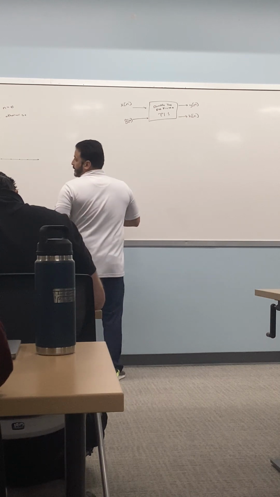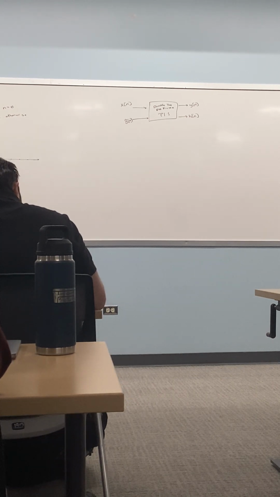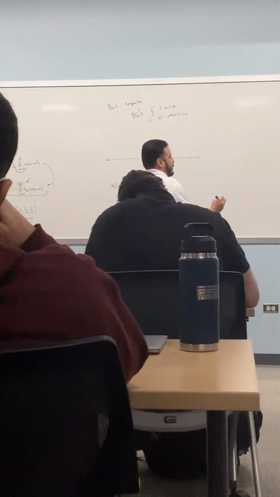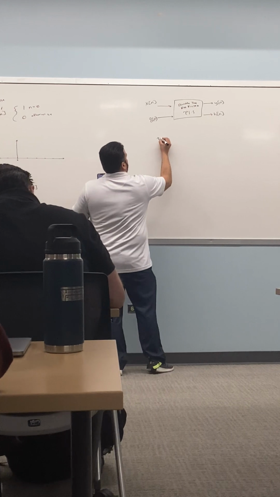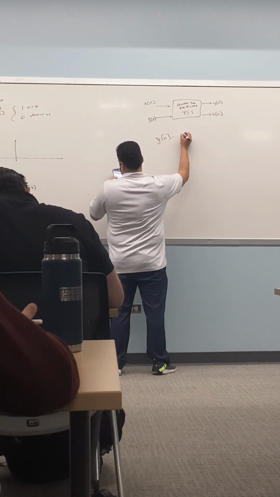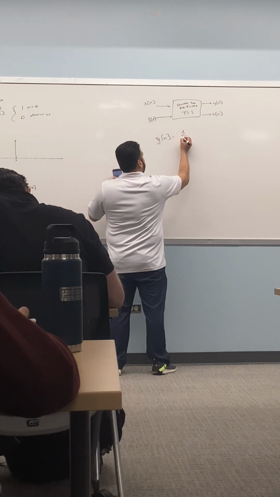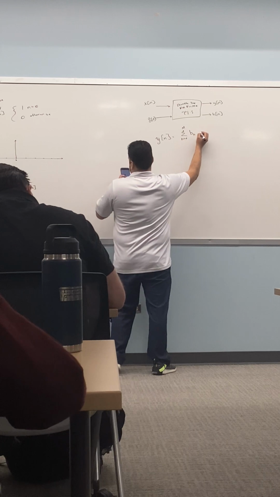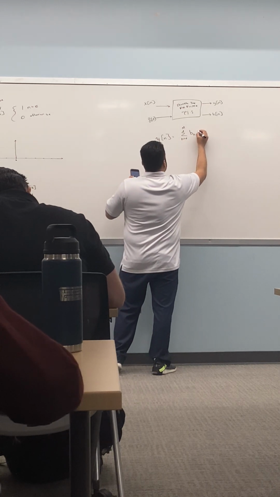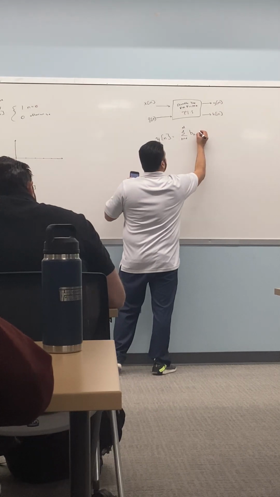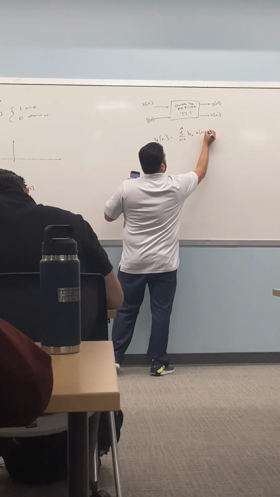Then we take this original, very generic y of n equals the summation, k equals 0 to M, b of k times x of n minus k.